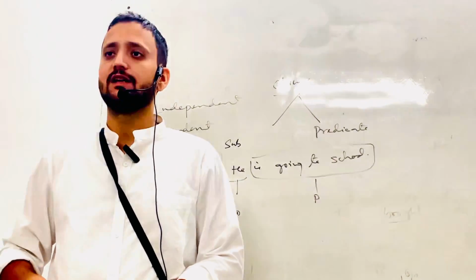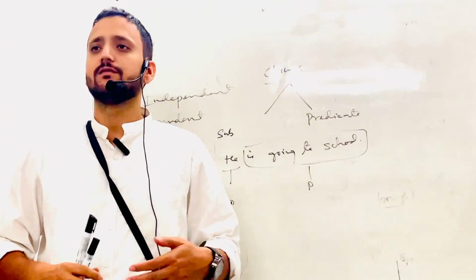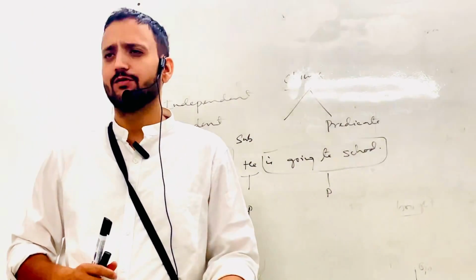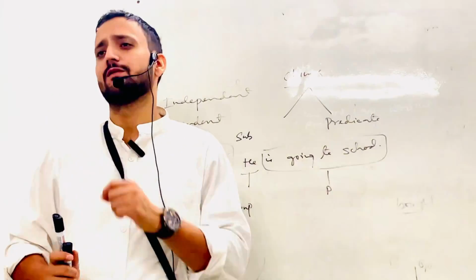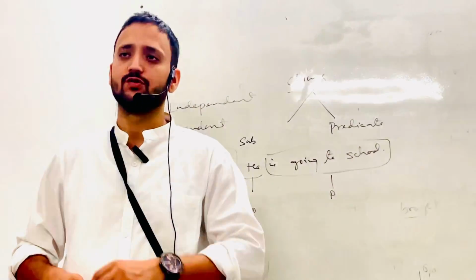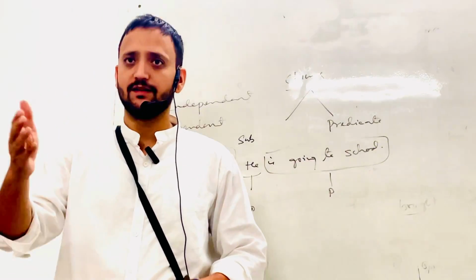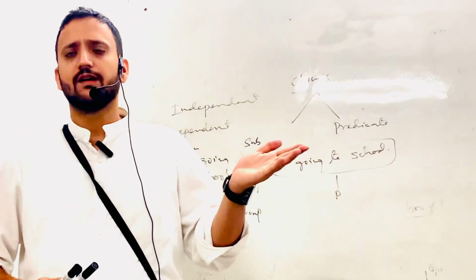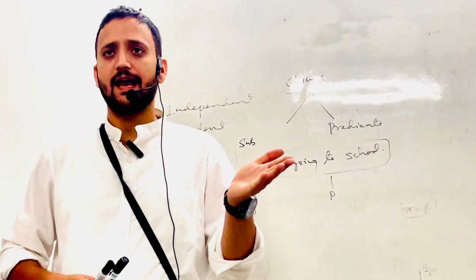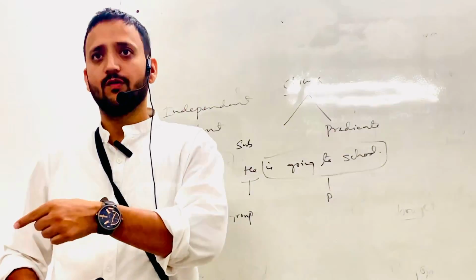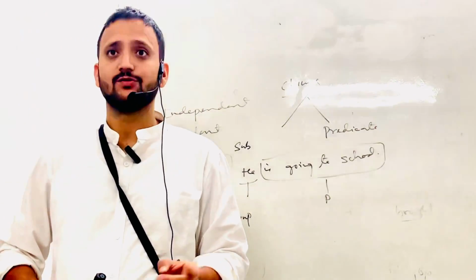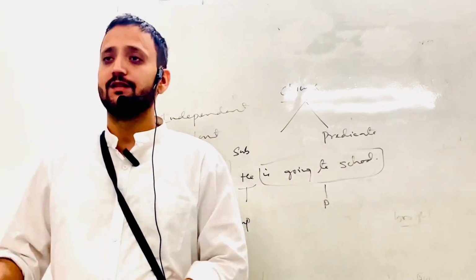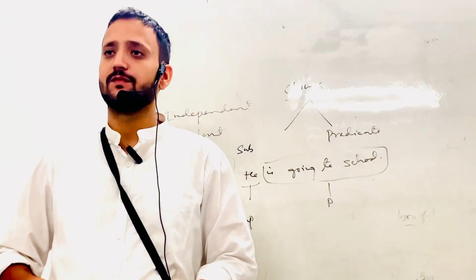In complex compound sentences, there are more than two or three independent clauses, but at least there must be one independent clause, but there must be one dependent clause. Okay, let's frame this sentence again. He sings songs and she plays cricket when they are together. So two independent clauses and one dependent clause. That is called complex compound sentence.